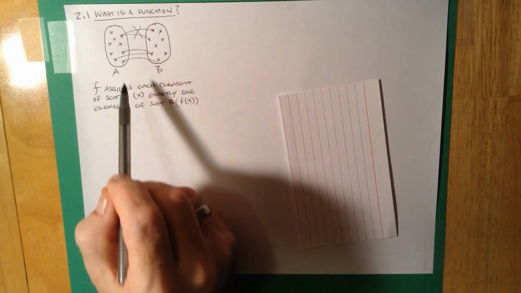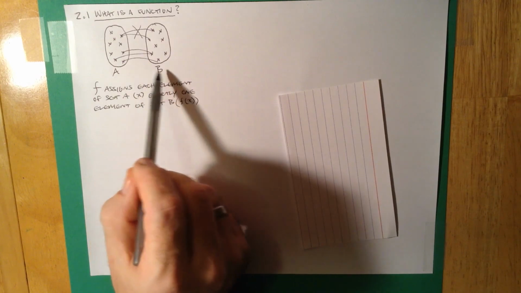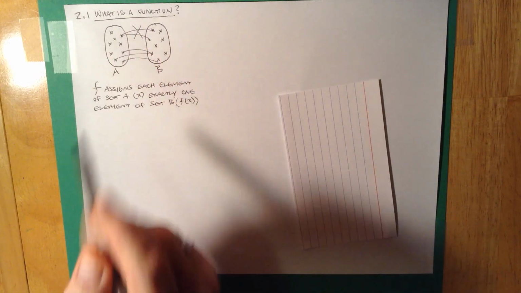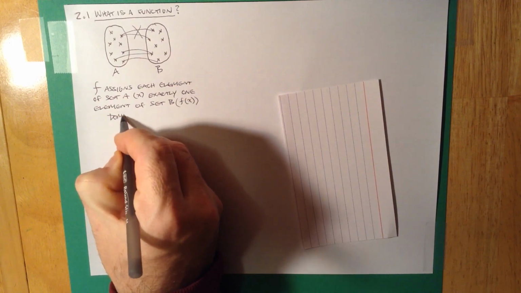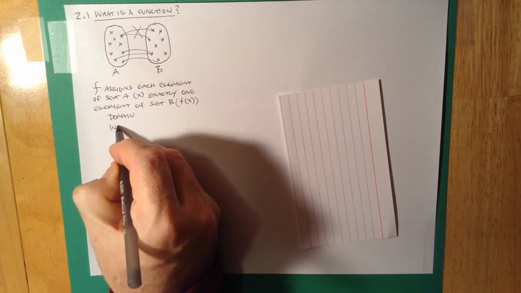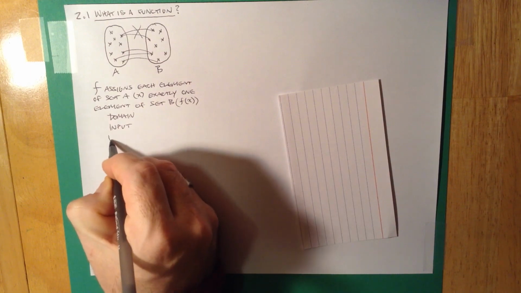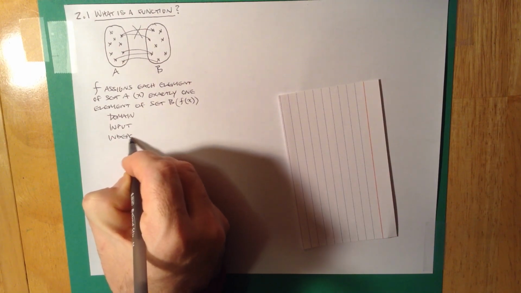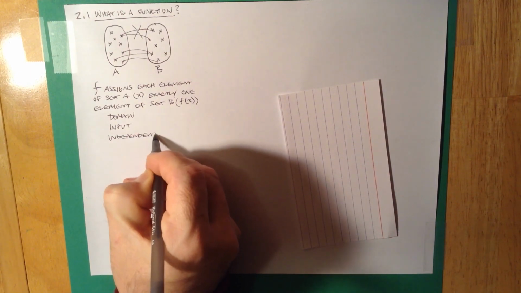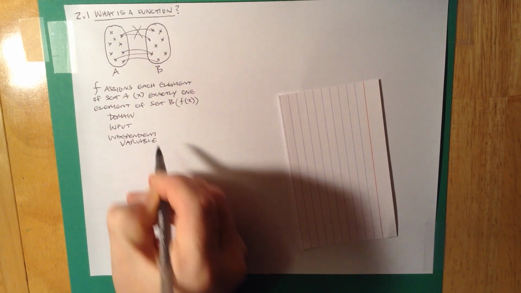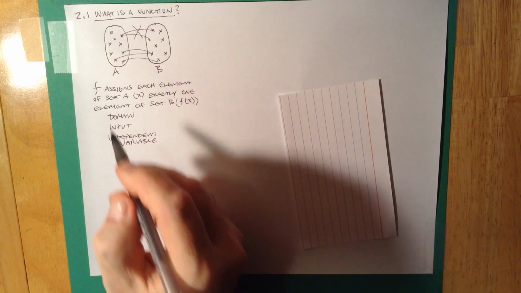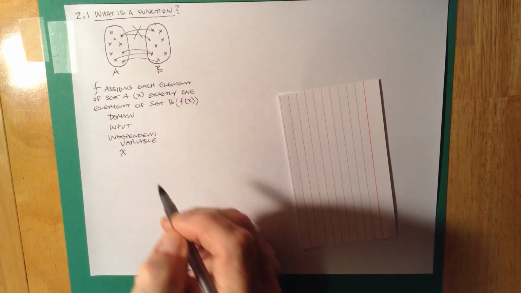Okay. Now there's some other names that we use for set A and set B. We call this the domain, or the input, or the independent variable, or what you are most comfortable with is just calling this x.